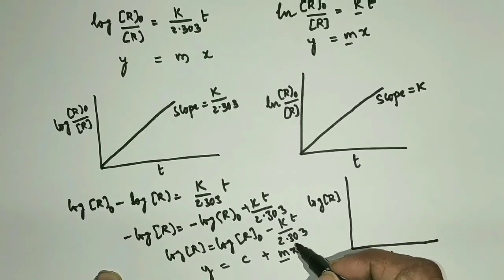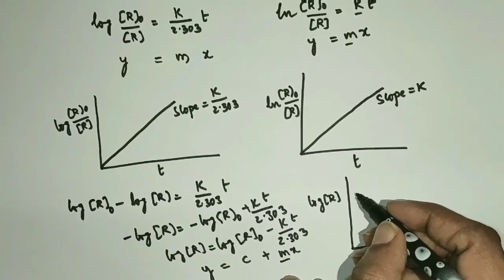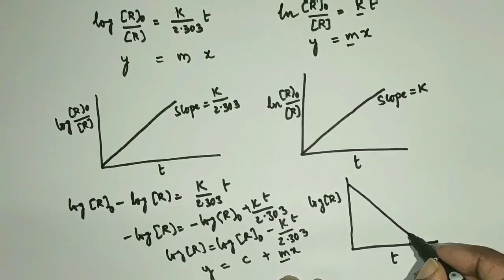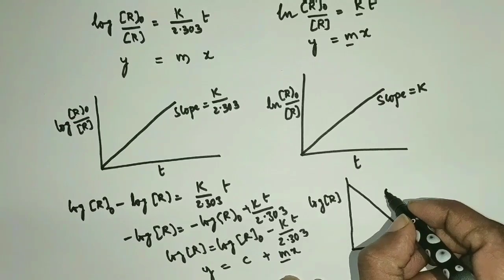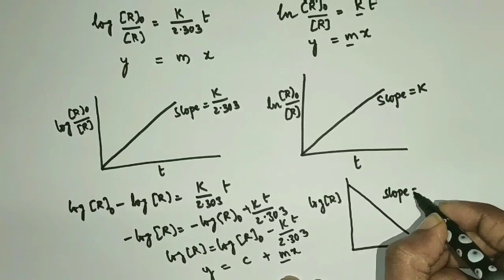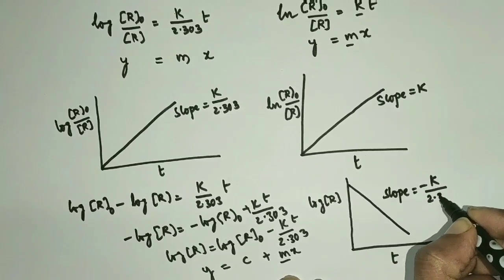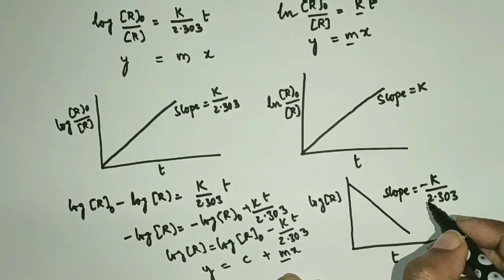So you will get a straight line not passing through origin with negative slope. Slope is minus k by 2.303. Let us see what is half-life time.